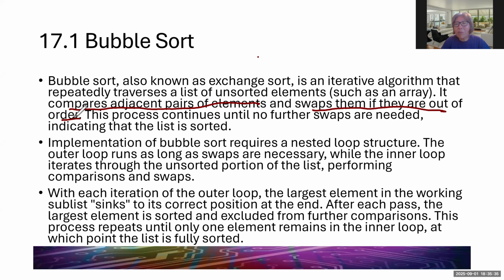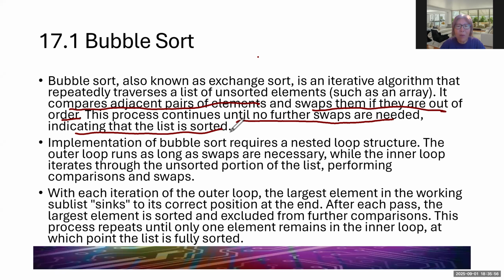This is a key part of the process. The process will continue until no further swaps are needed. In that case, that indicates the list is already sorted. So this is the general idea about bubble sort.